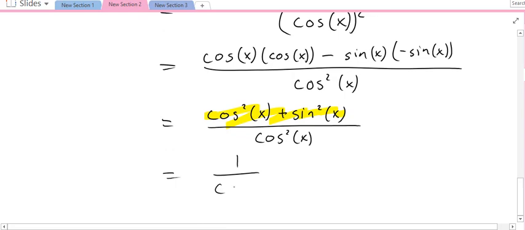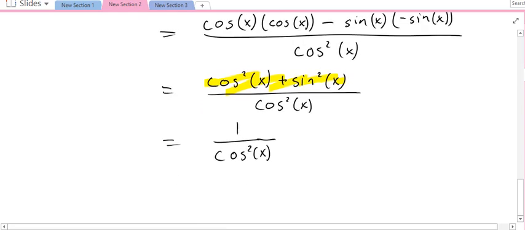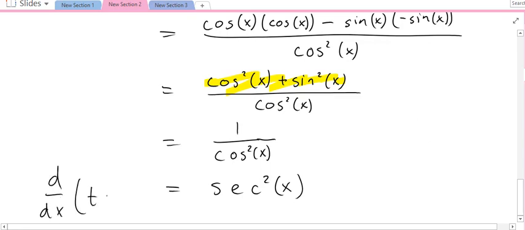So what we get is 1 over cosine squared of x. The succinct way to write that would be secant squared of x. So the derivative of tangent is just going to be secant squared of x.